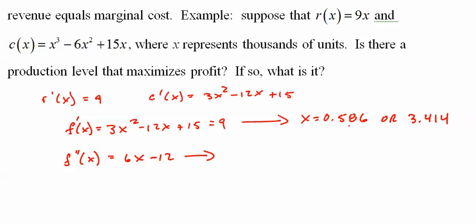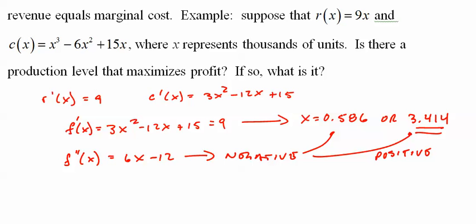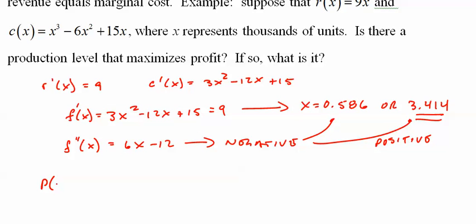And at 0.586, that's negative. And at 3.414, that's positive. So this is a maximum loss here, and you would have to play with this to understand why. And this is where we actually want to manufacture. You'd have to go back and say, what's my profit?